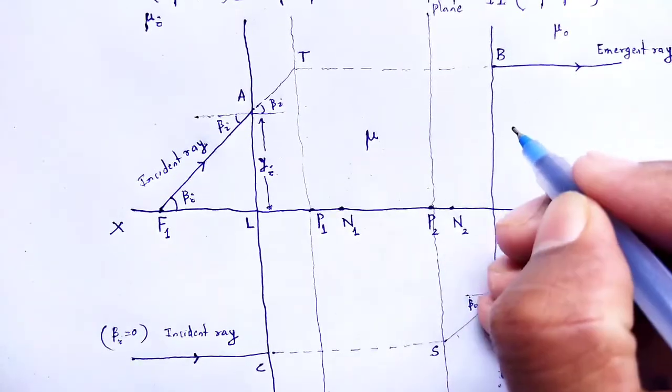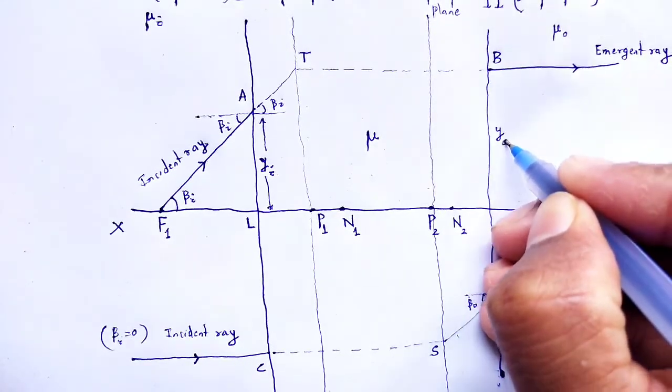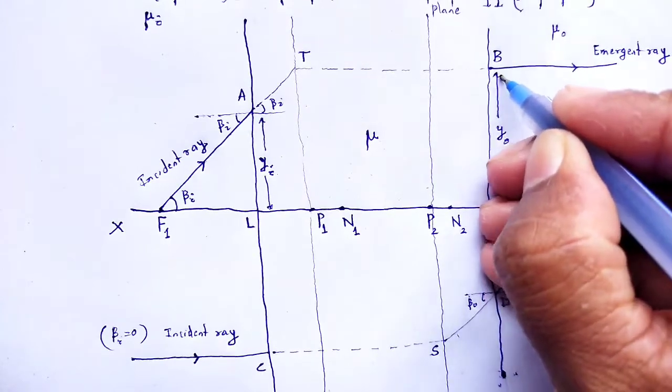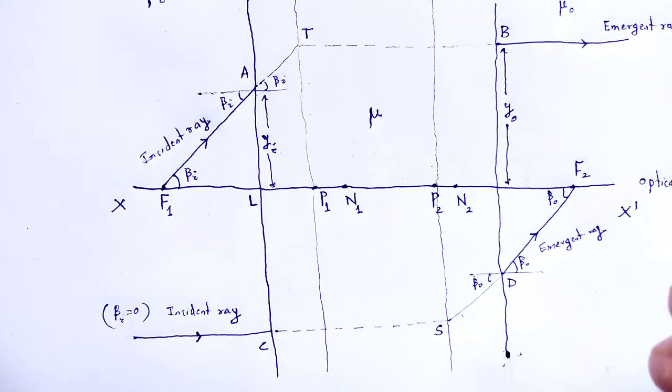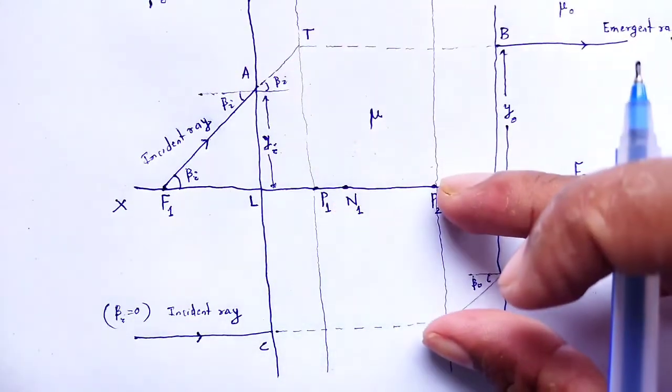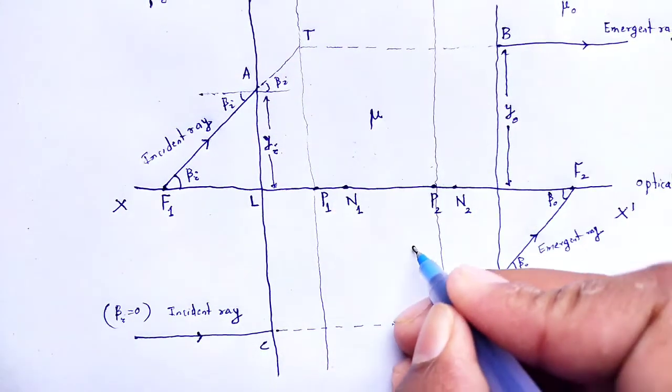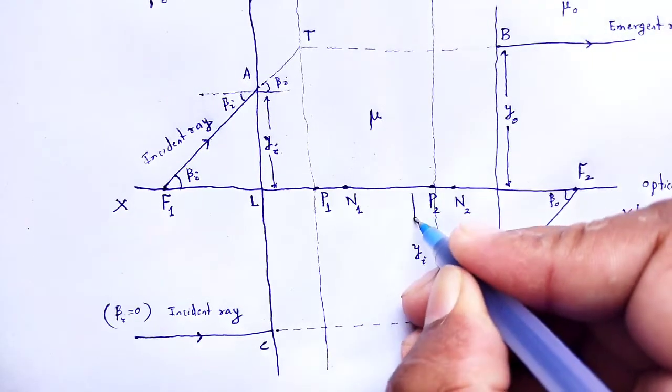Here the height Y O, Y output, has the same distance as Y I.